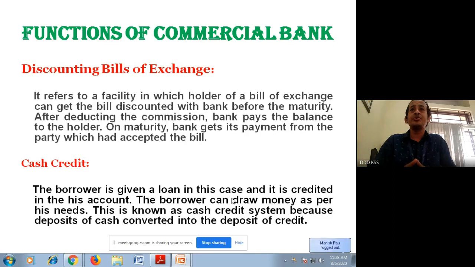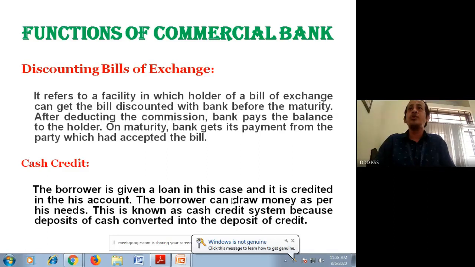On maturity, the bank gets its payment from the party which had accepted the bill. This is basically discounting bills of exchange. Here, the holder of a bill of exchange can get the bill discounted with the bank before maturity. After deducting the commission, the bank pays the balance to the holder, and on maturity, the bank gets its payment from the party which had accepted the bill.